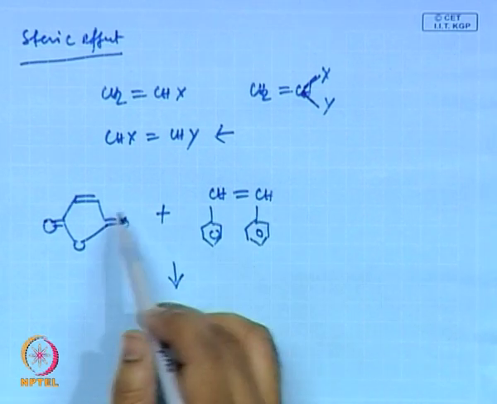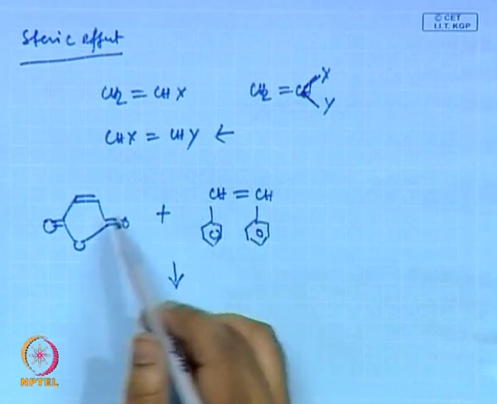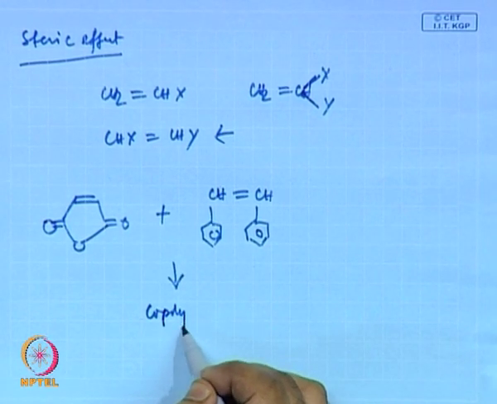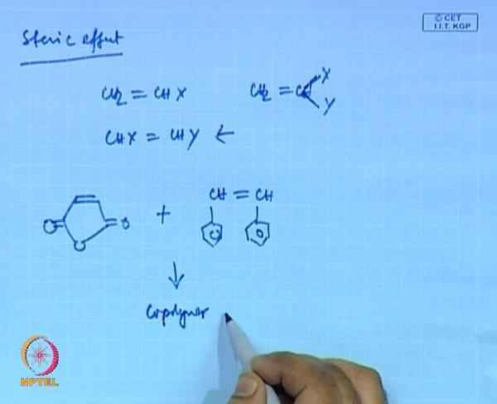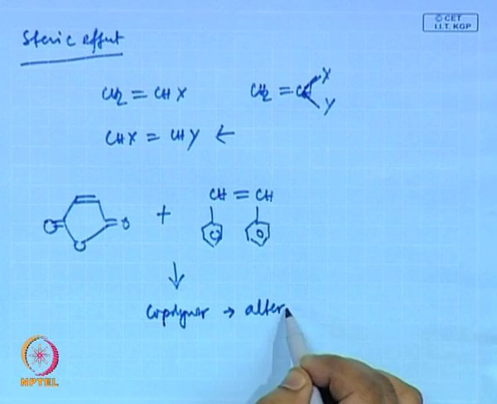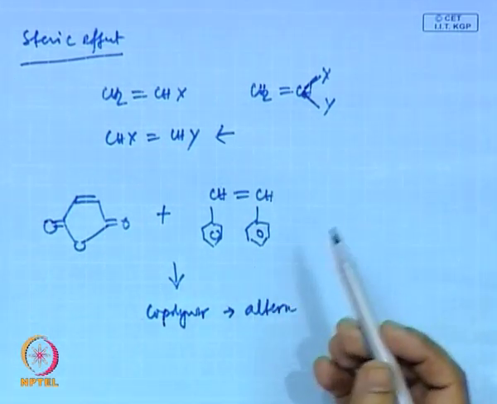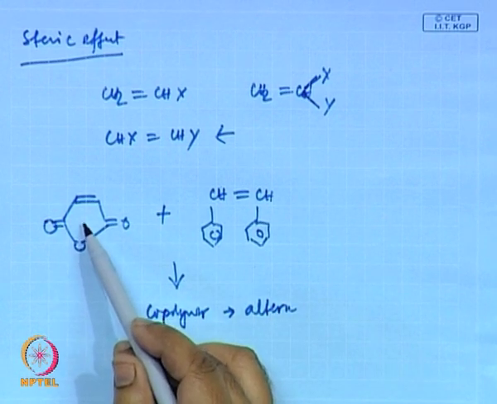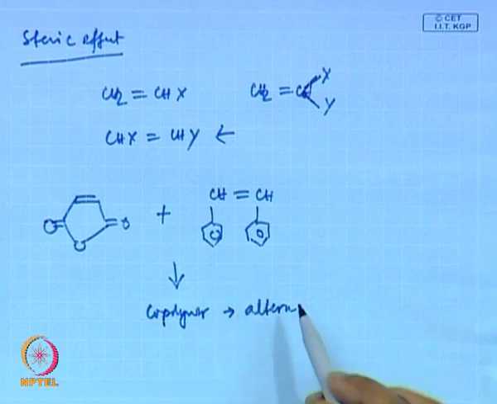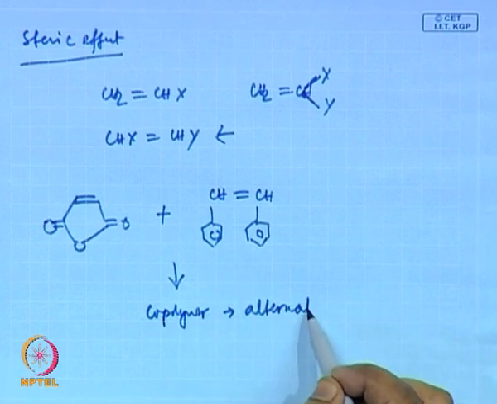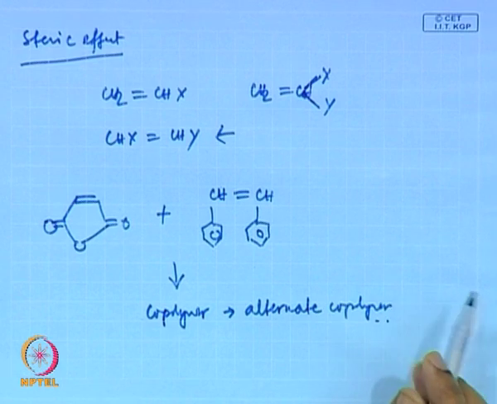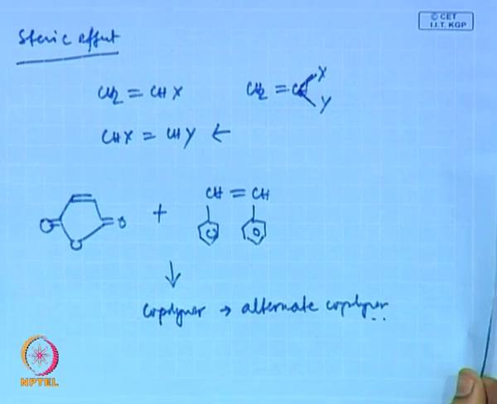So, this polarity effect actually helps them to form a copolymer, and they will be from different groups, as we mentioned, one from electron withdrawing groups and one from electron donating groups. So, we will have an alternating copolymer forming.